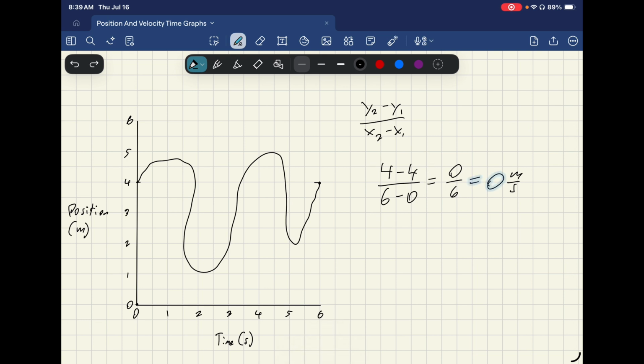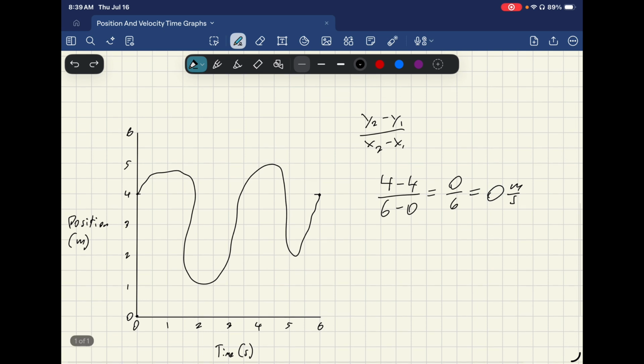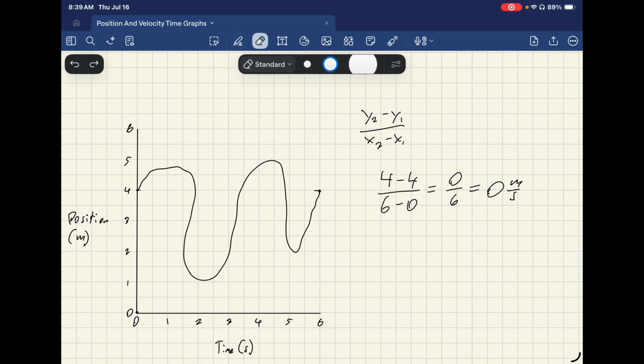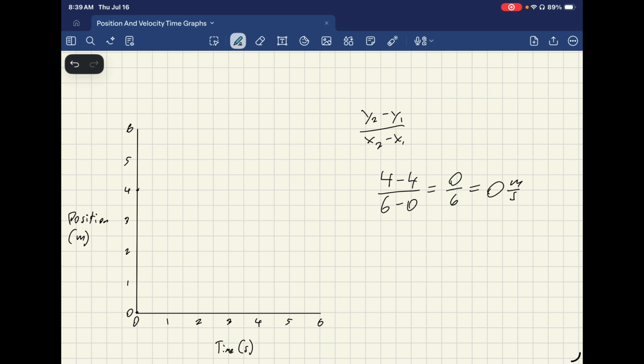So the average velocity over the whole travel time of this object is 0 meters per second. Let's look at one final example where we have a negative velocity. So let's say we start at, let's just do 4 again, and we go down to 0 meters at 4 seconds.